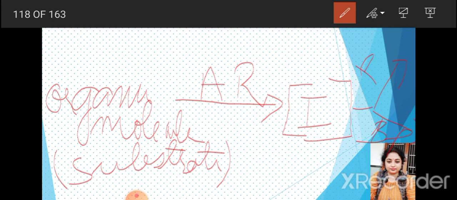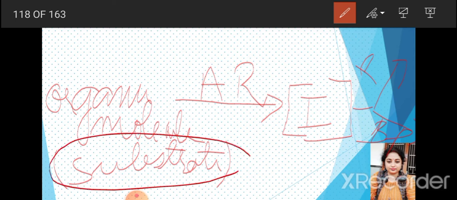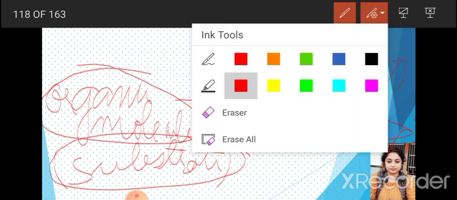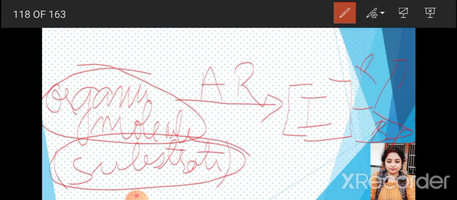In an organic reaction, the organic compound is called the substrate. It reacts with a suitable species which is called the reagent. This is the attacking reagent. The organic molecule reacts with this attacking reagent.